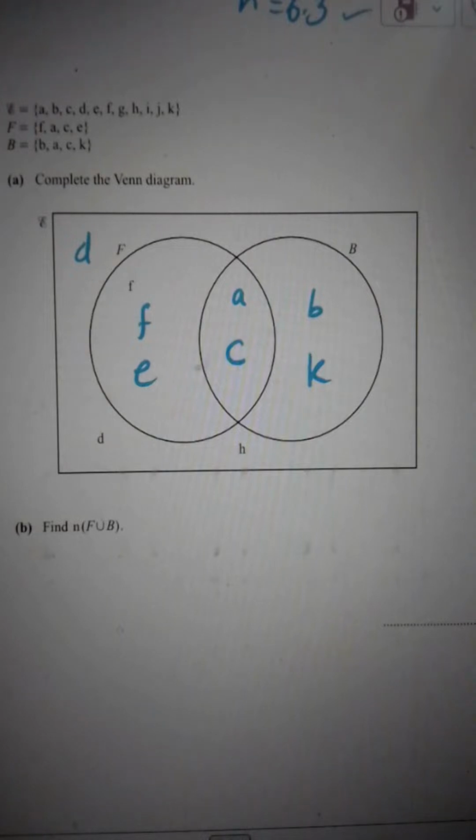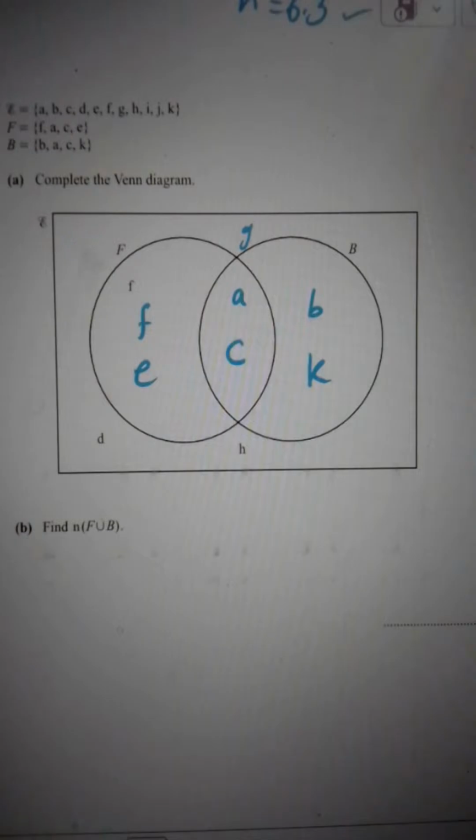And A, B, C, D, E, F, G, H, I, J. G, H, I, J also are outside. H is already written there. D is already written there. So it means we don't have to write D again.